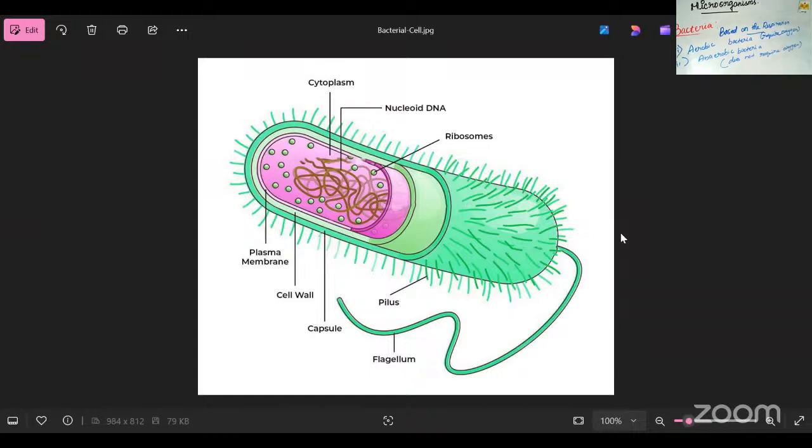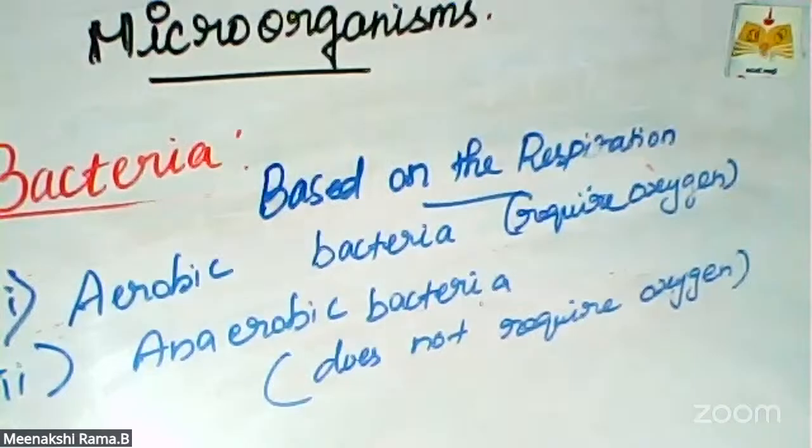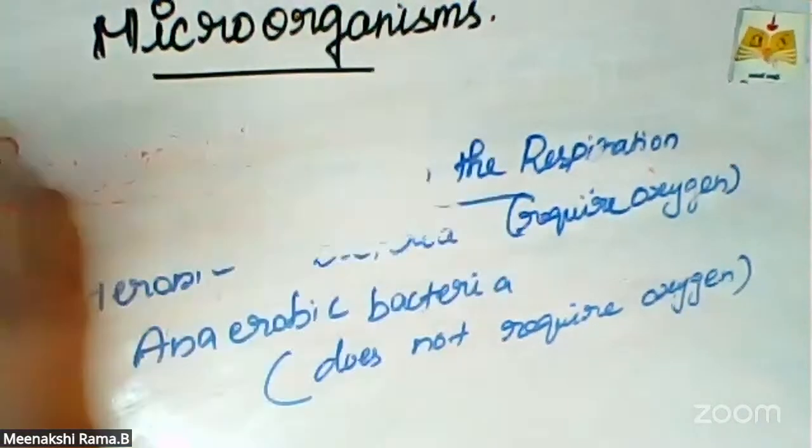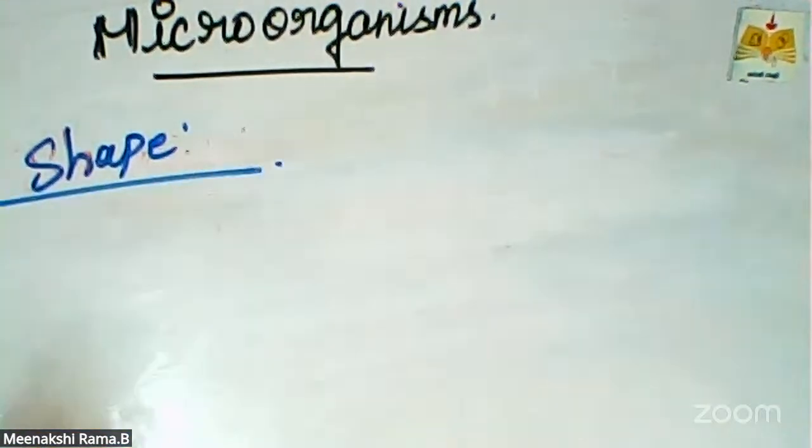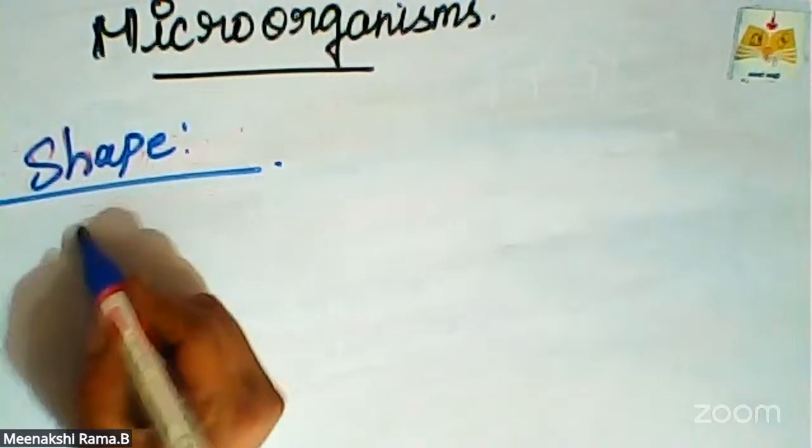Next one is, bacteria are classified according to their shapes. What are the different kinds of bacteria? Bacteria are classified according to their shapes. What are the shapes? Bacilli, spirilla, cocci.